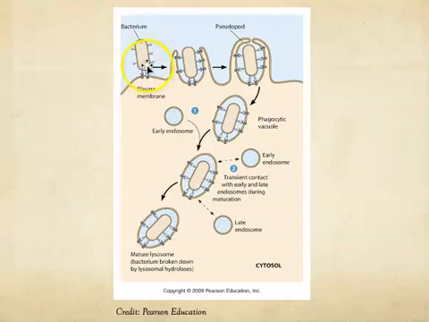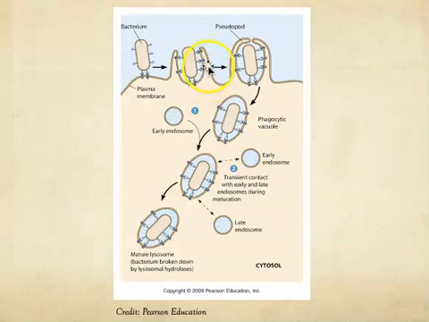This is just a non-specific type of interaction between proteins, but that binding interaction is going to cause this to happen. Regions of the plasma membrane are going to extend upward and outward into the extracellular environment. These are called pseudopods. Pseudopods translates as false feet.